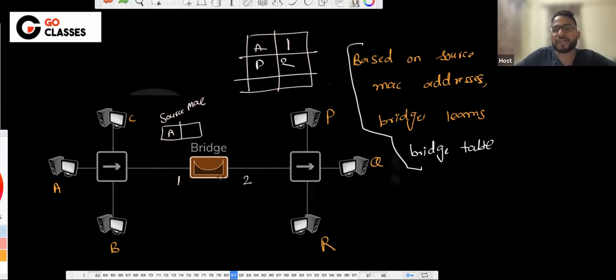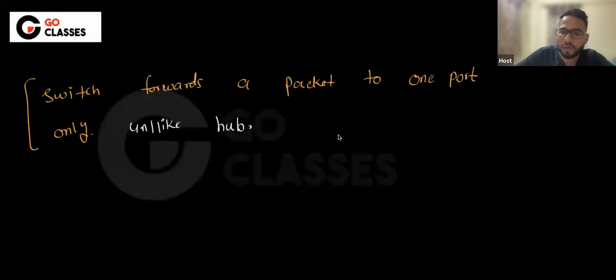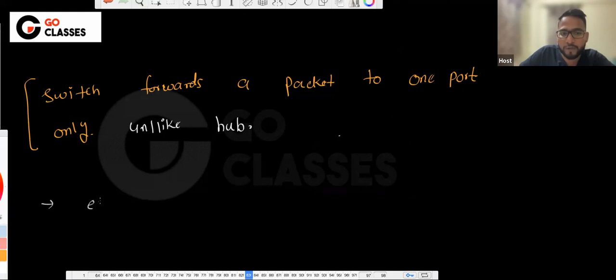So collision domain is basically just a single port. If a bridge has two ports, then you can say there are two collision domains. A switch forwards a packet to one port only, so every port is a collision domain.